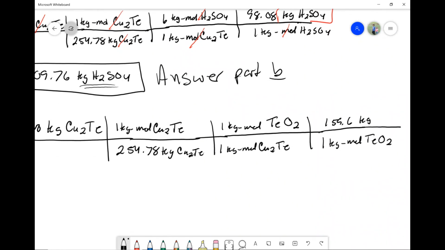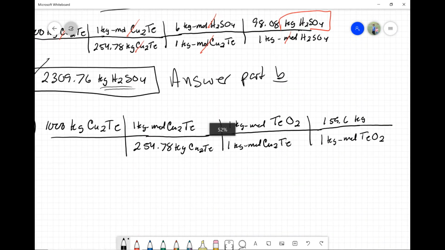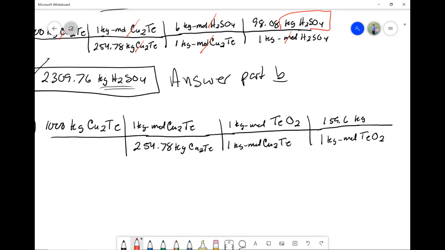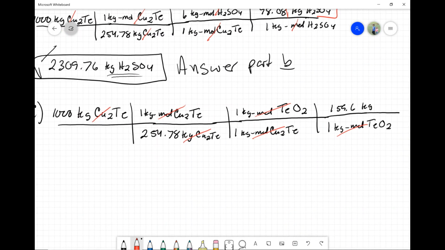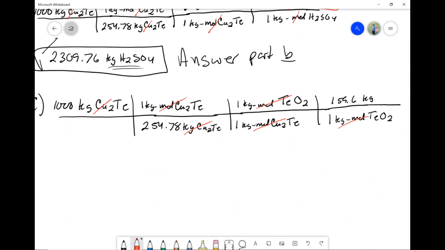And let's check and see if the units cancel. So kilograms copper telluride cancel, kilogram moles copper telluride cancel, kilogram moles tellurium dioxide cancel. So let's plug this one in.